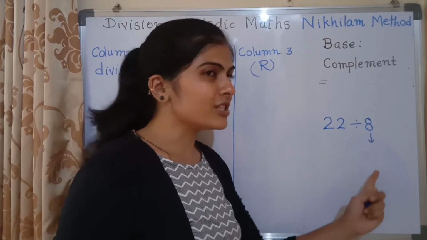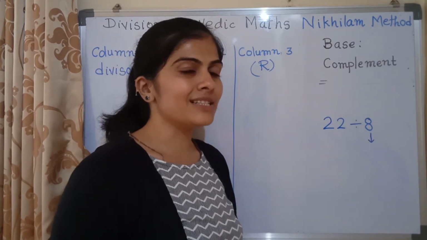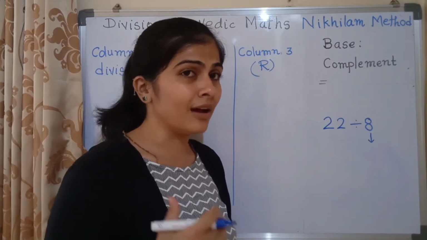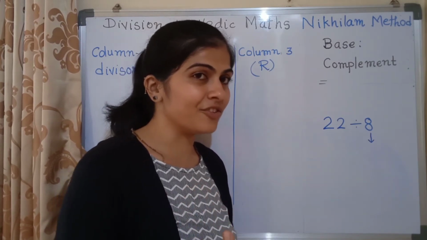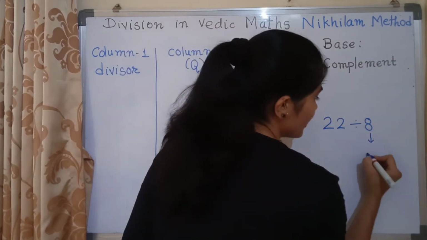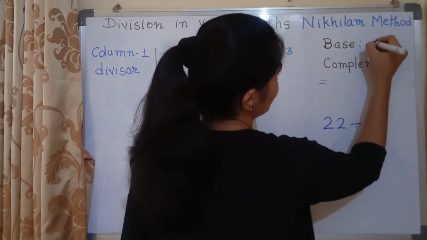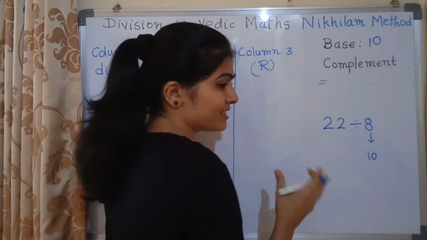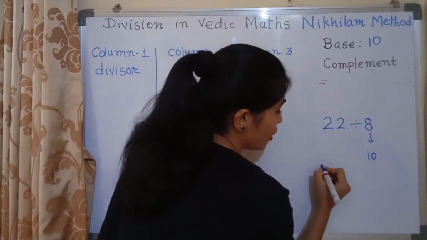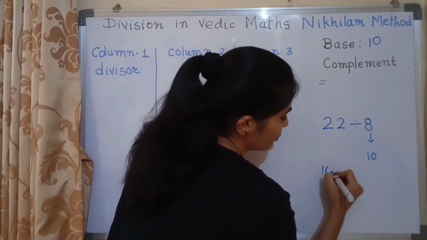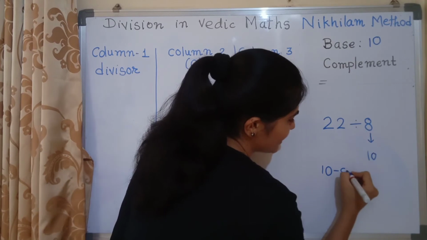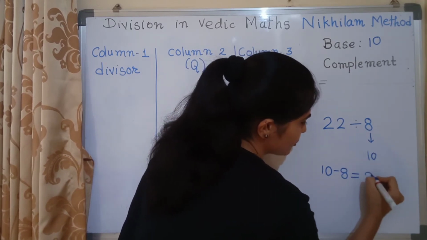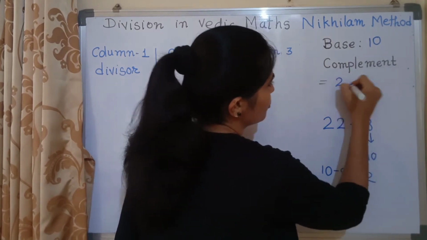As this is closer to 10, and we should always consider the base as a power of 10, such as 10, 100, thousands and so on, here I can say that my base is 10. Now what is the complement? For the complement you need to do base minus the number: 10 minus 8, which is 2. So my complement is 2.